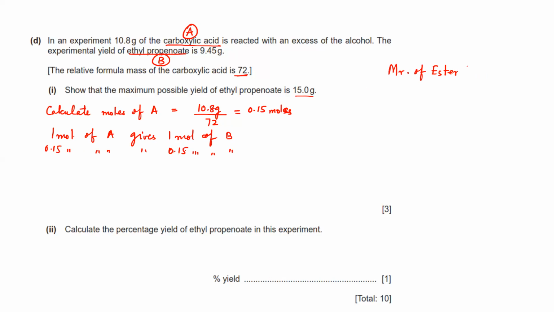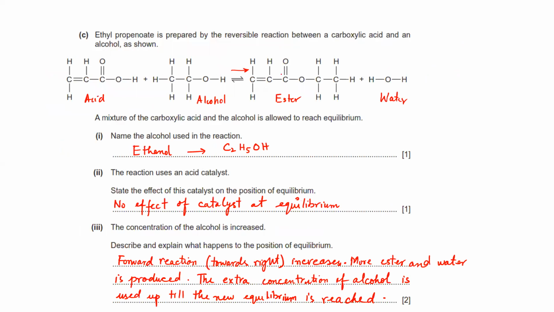And so let's find the molecular mass of ester. The molecular mass of this ester is: C, so 1, 2, 3, 4, 5, so there are 5 C. We have 1, 2, 3, 4, 5, 6, 7, 8 H, H8, and we have 2 O's, O2.